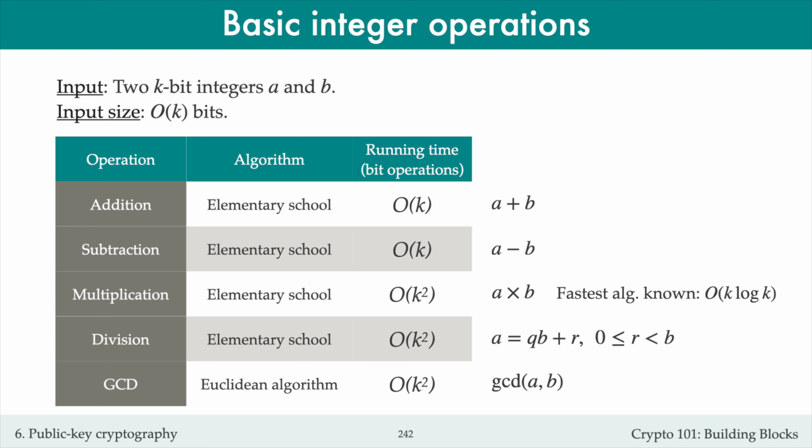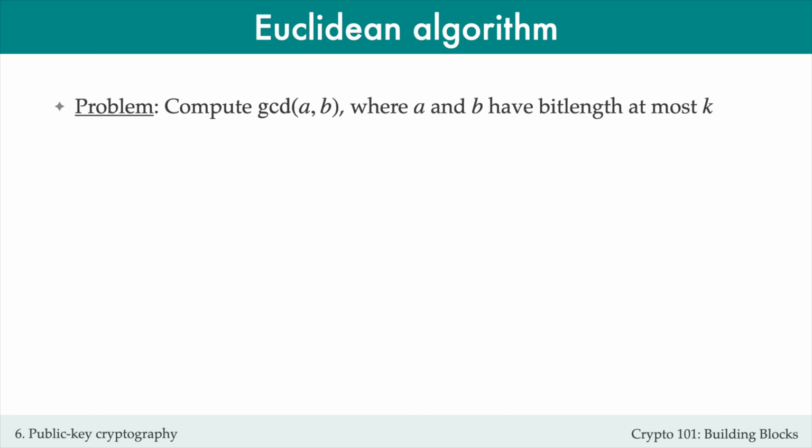Lastly, I'll take a look at the Euclidean algorithm for computing the greatest common divisor of two k-bit numbers a and b. In Euclid's algorithm, you begin by dividing a by b, obtaining a quotient q1 and a remainder r1. If the remainder r1 is non-zero, then you divide the previous divisor b by the previous remainder r1 to get a new quotient q2 and a new remainder r2.